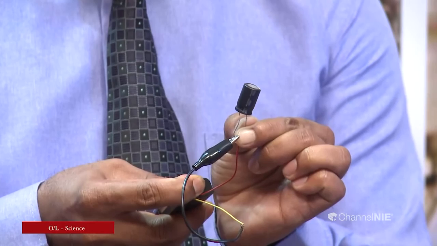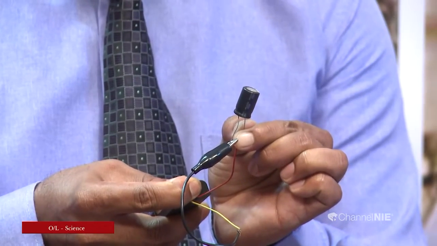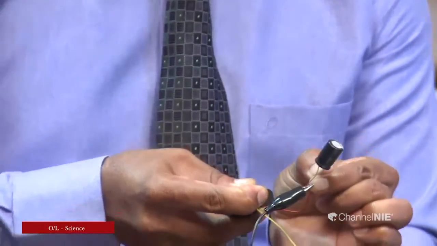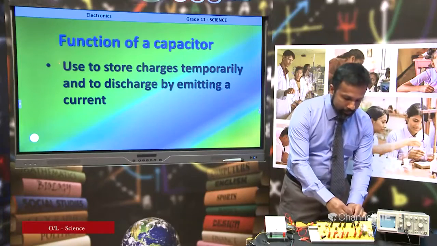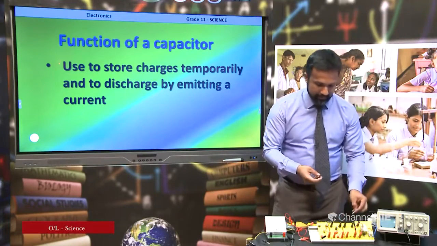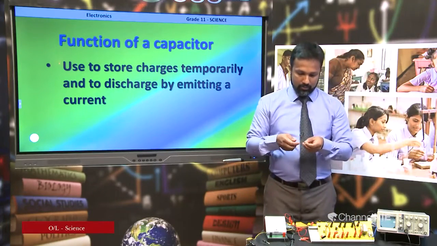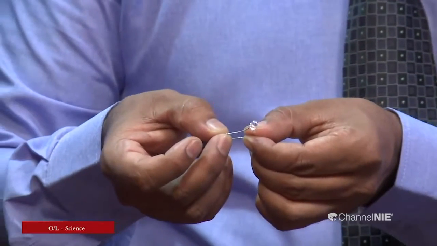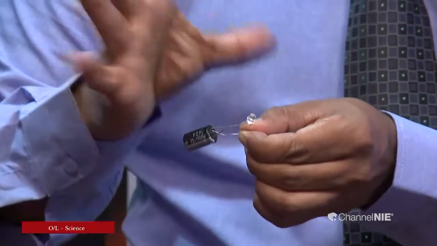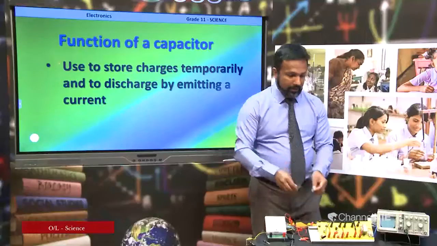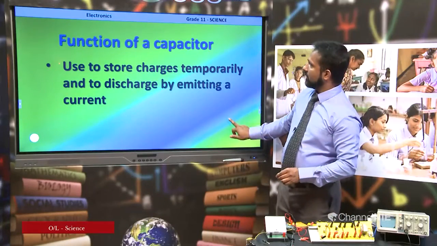After charging for a few seconds, I am going to connect the two terminals of the capacitor to the LED. I think you could observe the bulb glows at once and it goes out. That is the function of a capacitor, right?